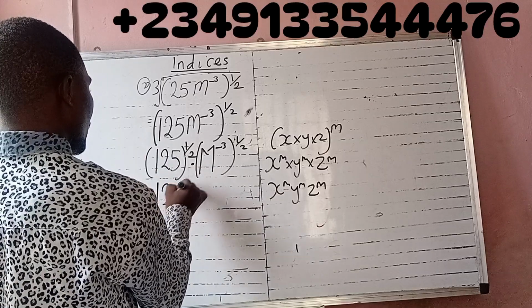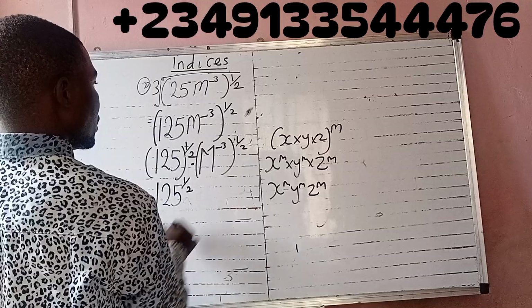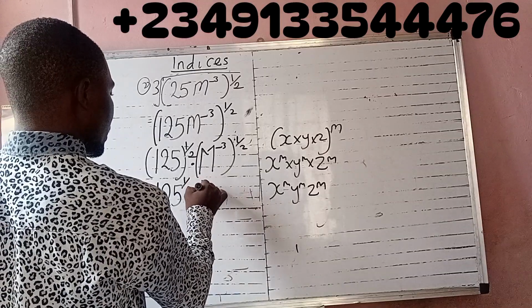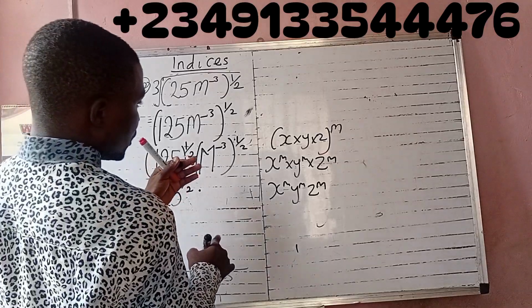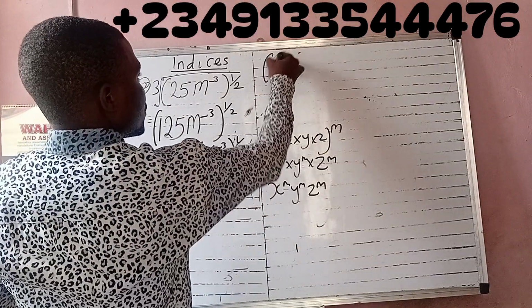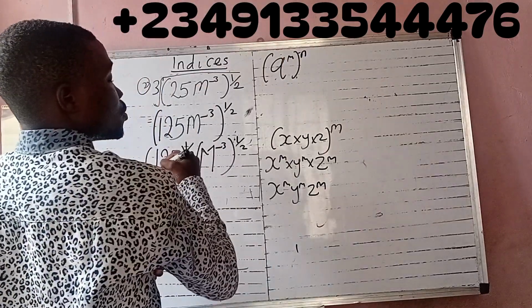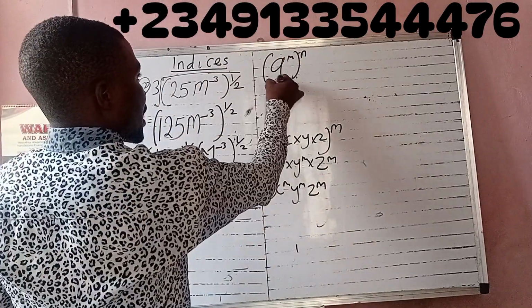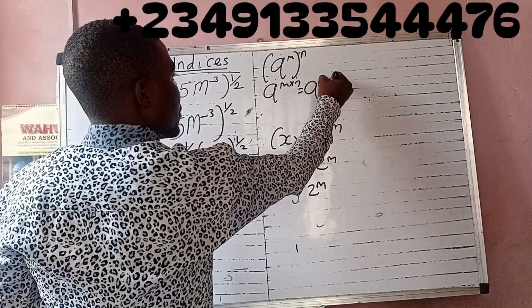So we have only 125 to power 1 over 2, then here times here. Now this is law of indices again. Go back to my video and watch it. I said if you have a raised to power m raised to power n, to solve this one, just multiply the powers. So we have a to power m times n, a to power mn.